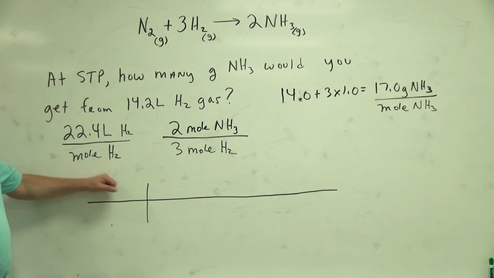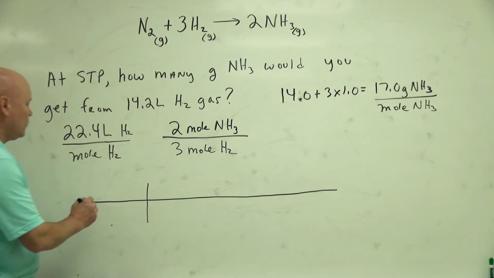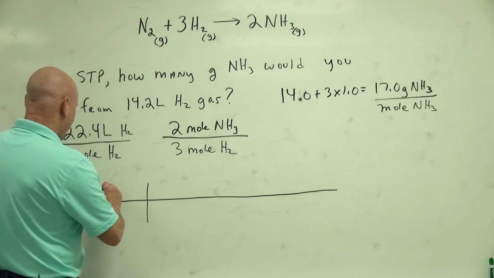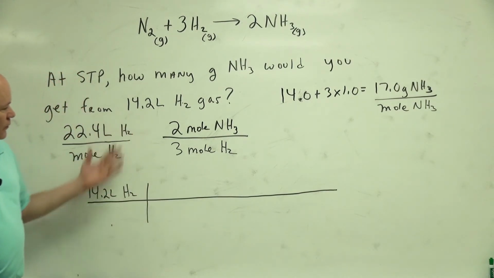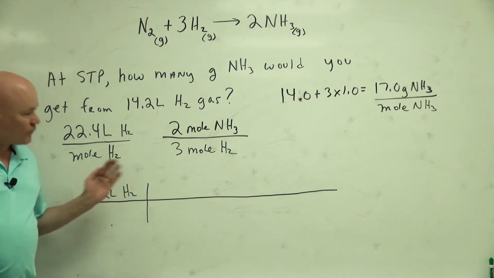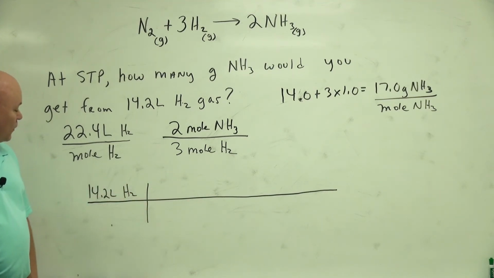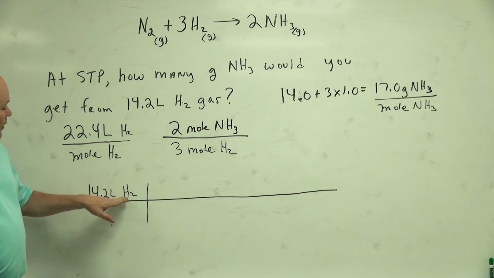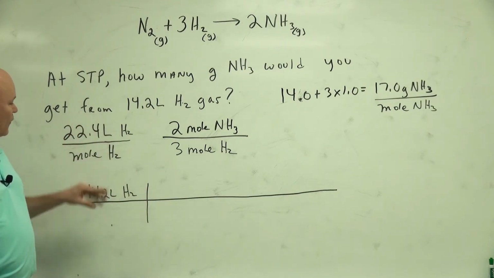And so what's my measured number? Well, that's the measured number right there, 14.2 liters H2. Now, we're going to let our units set up the problem for us. You really shouldn't try just memorizing some sort of setup. Let your units set it up for you. So I have liters H2 here. I need liters H2 over here, and there's my STP relationship.